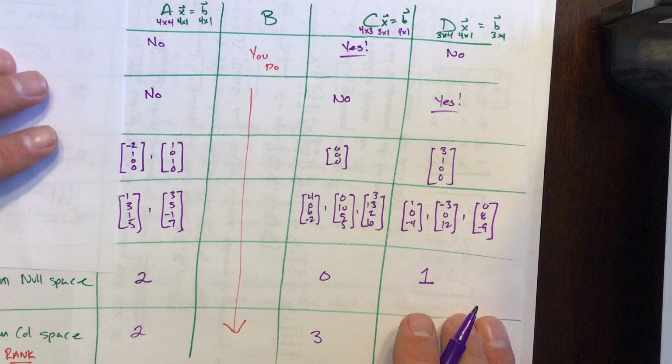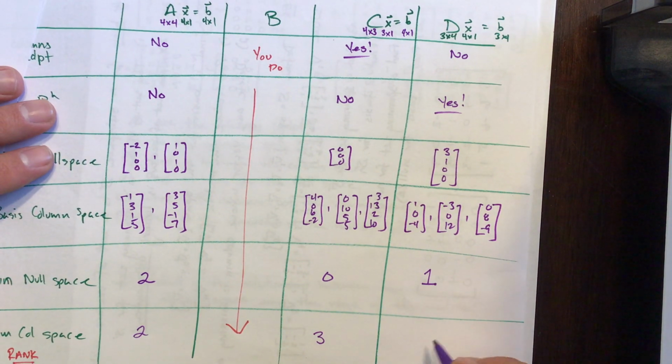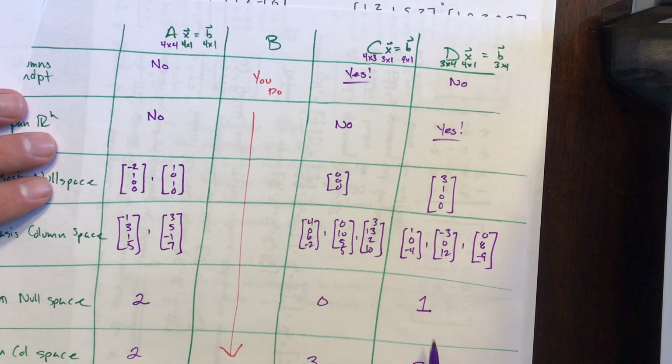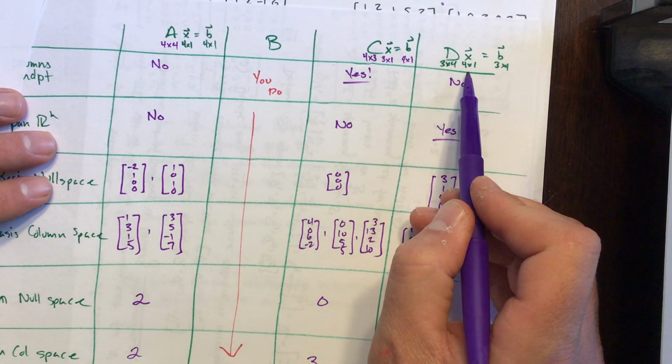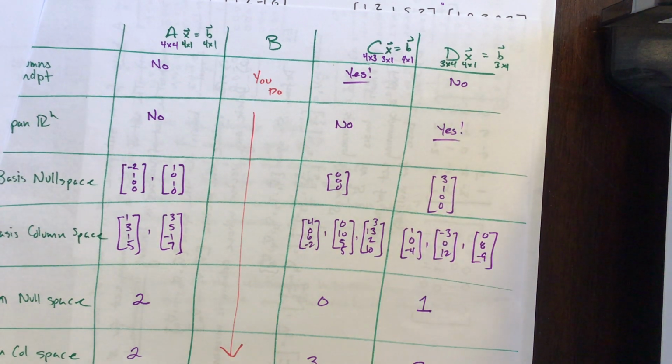And how many vectors are in the basis for the column space of D? 3. And does our dimension equation work? Is 3 plus 1 the same as the number of components in x? The answer is yes. Very good.